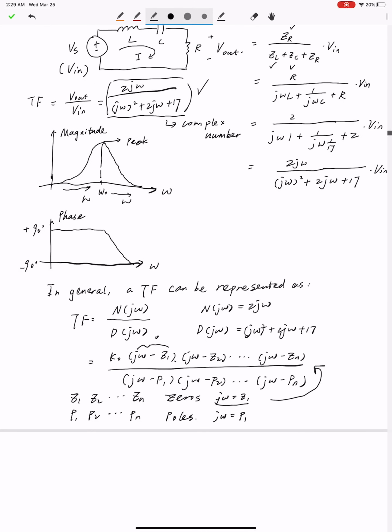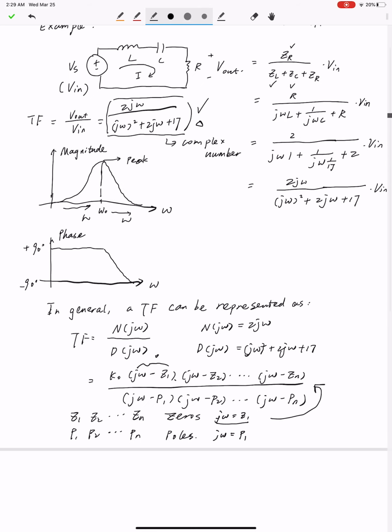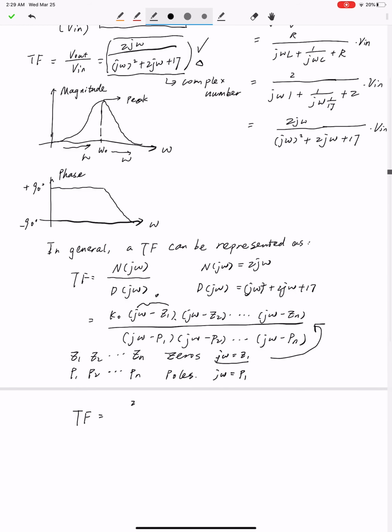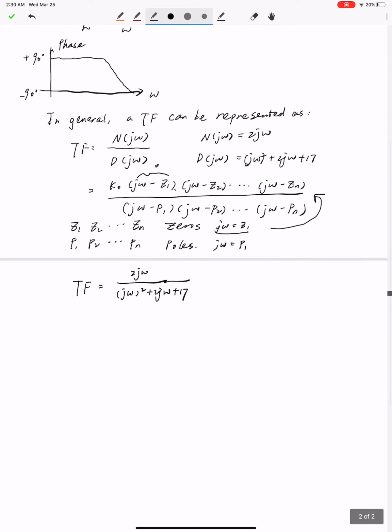we can also use this question as an example. What are the zeros and poles of this transfer function? Let me rewrite this transfer function on a new page so we can discuss this question. Right, so let's first look at zeros. What are the zeros of this transfer function?